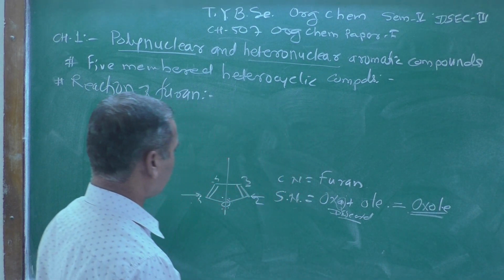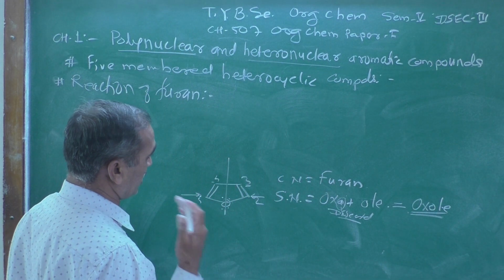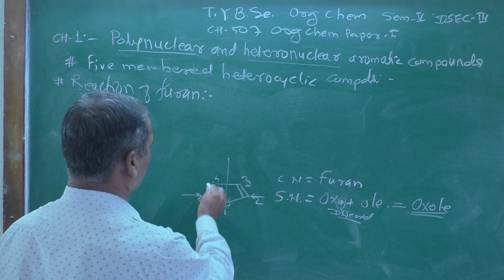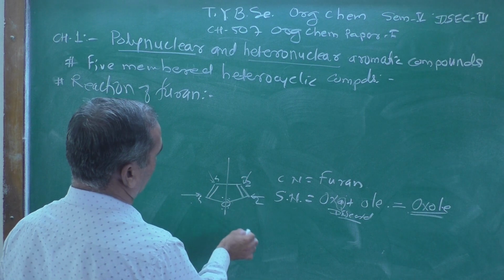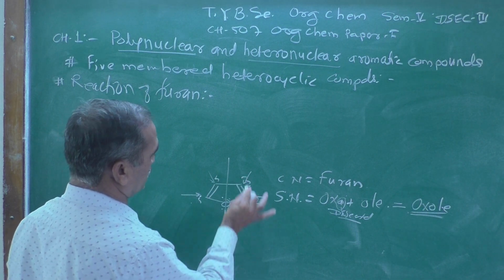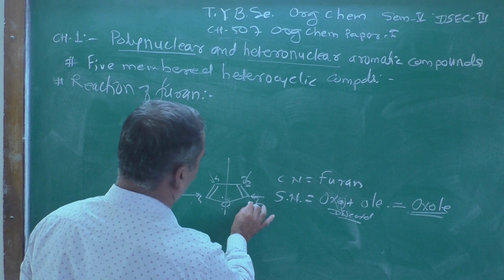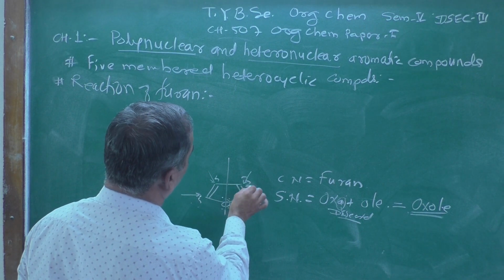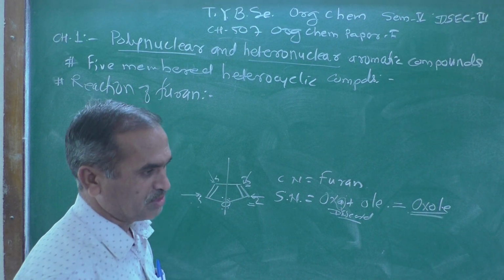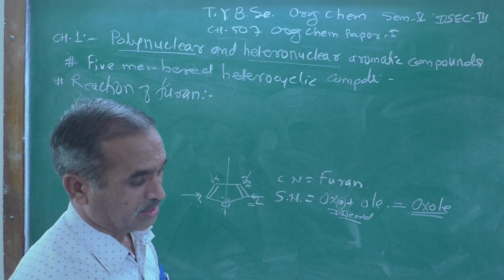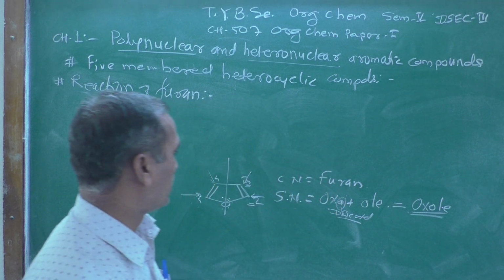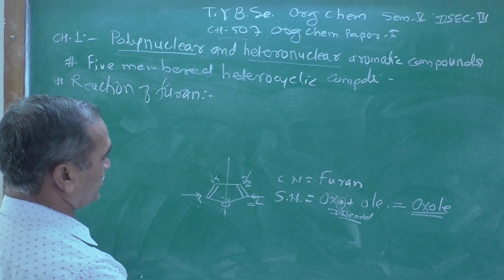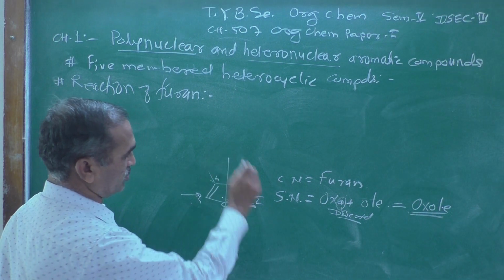But why I am discussing benzene as a case over here is that you can see whether the electrophilic substitution takes place at 2 or 5 position or 3 or 4 position. That is the main question. In general, you should remember the electrophilic substitution reaction occurs at 2 position here.